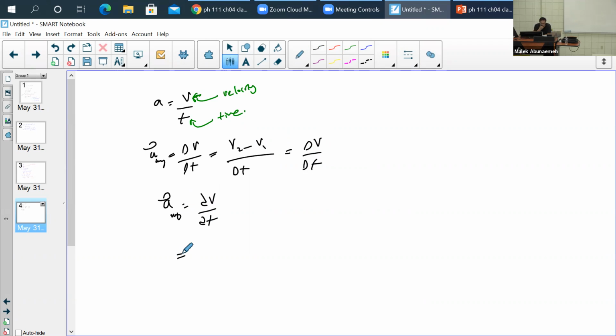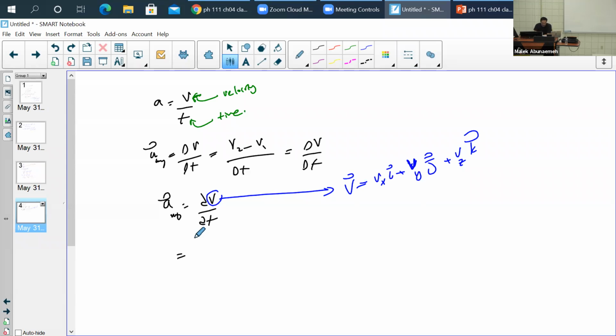That means, again, we're going to define your velocity vector as your vx in the i direction plus the velocity in the y in the j direction plus the velocity z in the k direction.